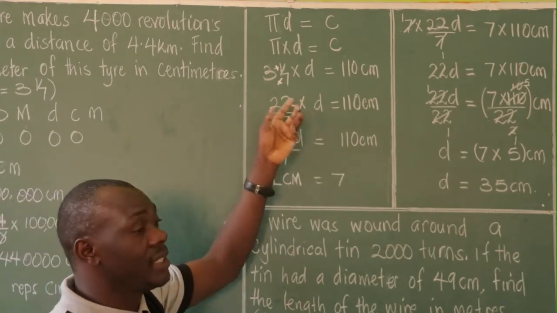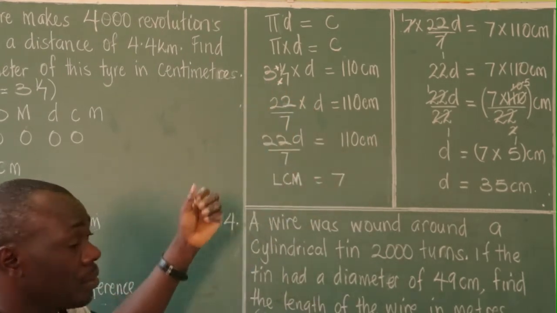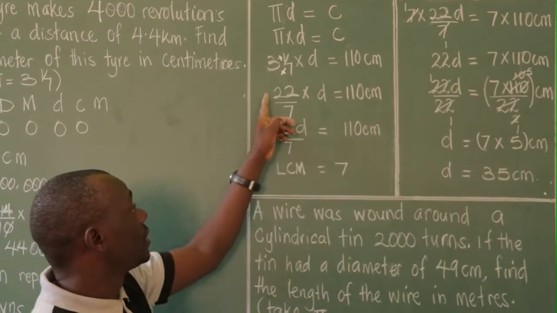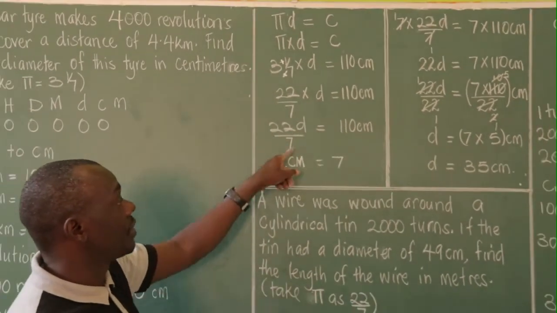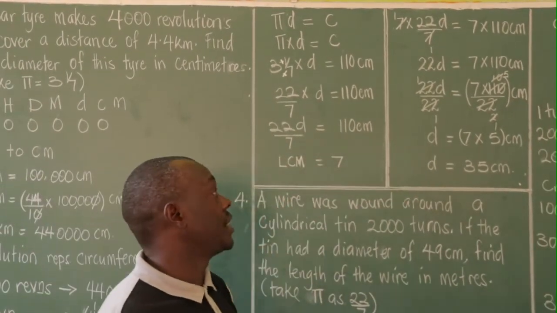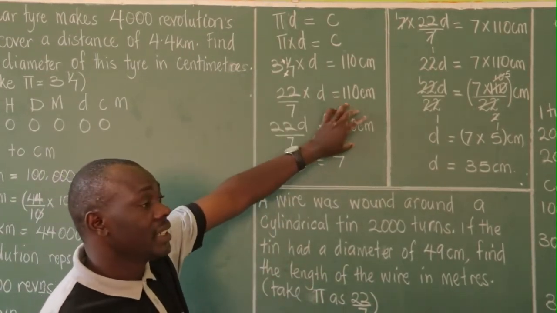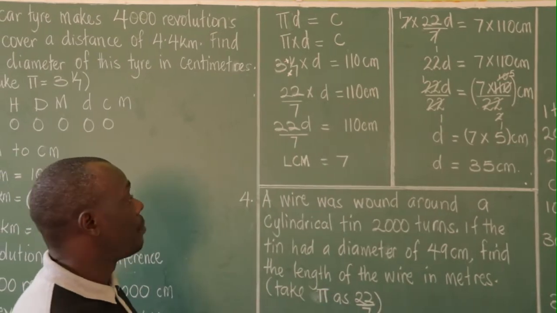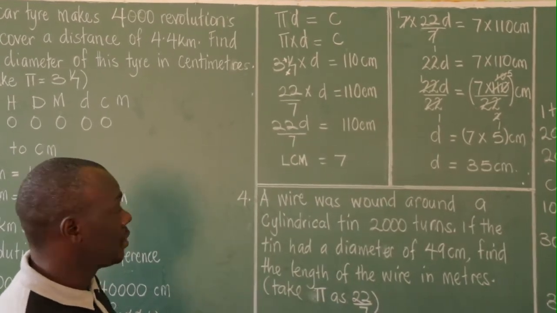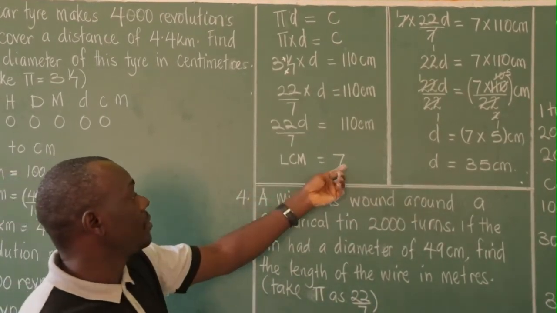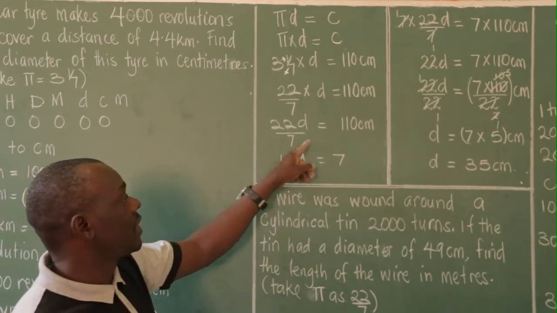So 22 and d are both numerators, so 22 times d is 22d, out of 7 equals 110 centimeters. We shall identify the parties. This is the party, this is the sign, this is the party. So I've got just a two-party equation whose LCM is 7. That's the LCM of 7 and 1.